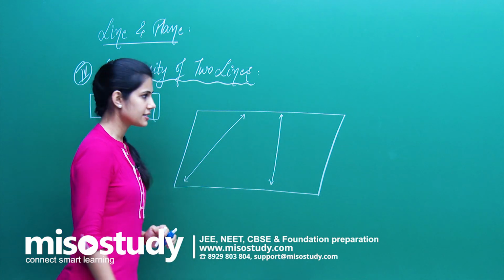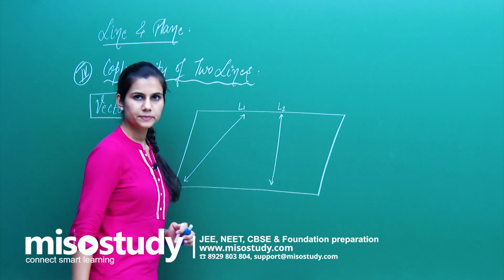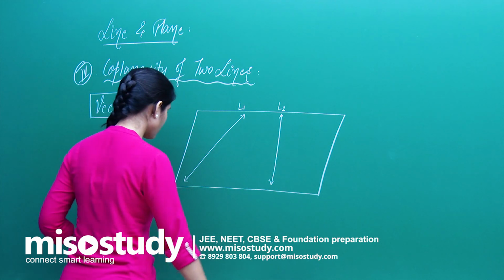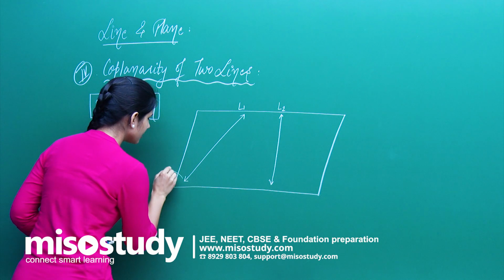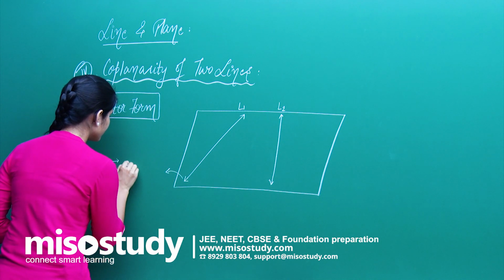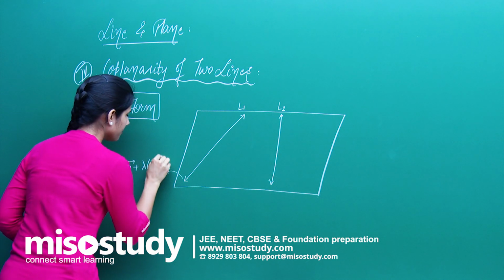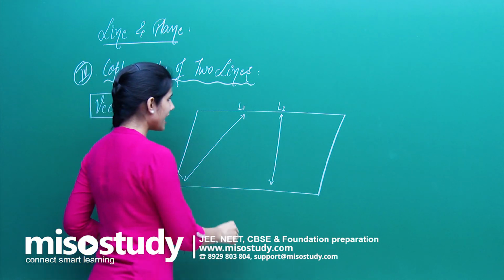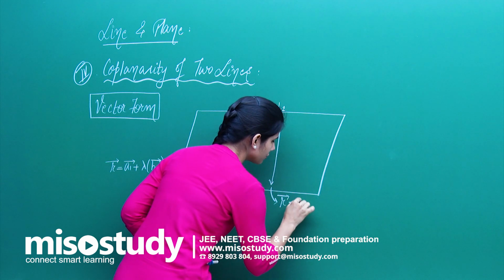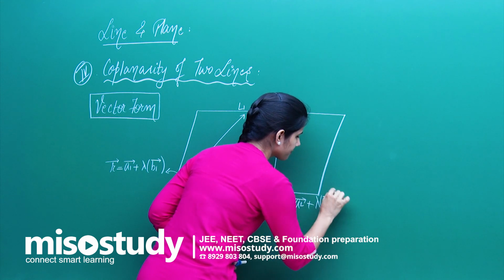These are the two lines. This is line 1 and say this is line 2. Line 1 has equation r vector equals a1 vector plus lambda times b1 vector, and L2 has equation r vector equals a2 vector plus lambda times b2 vector.